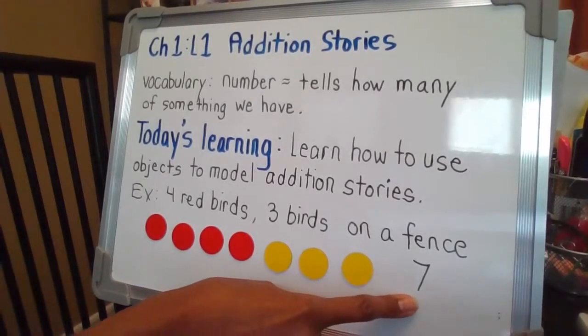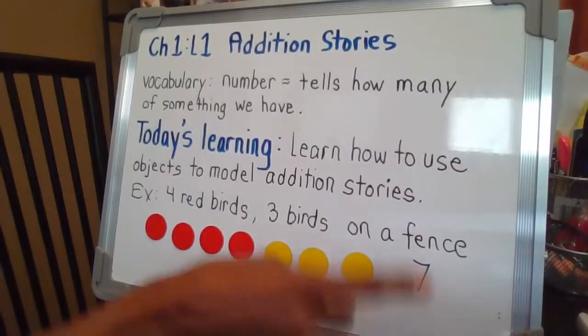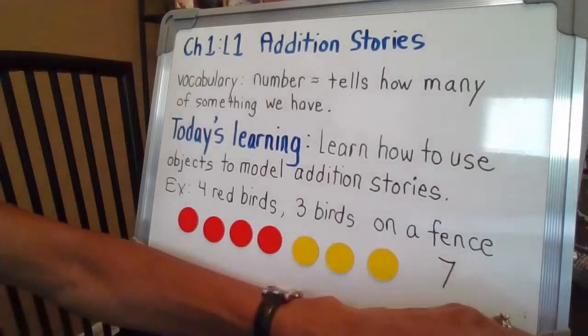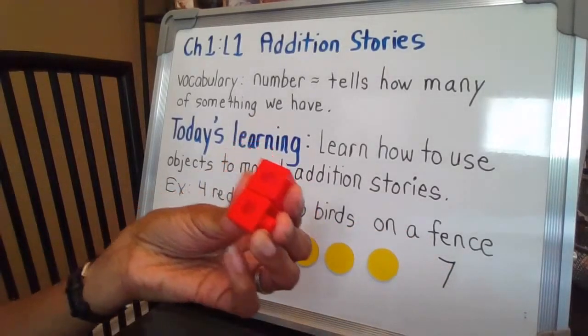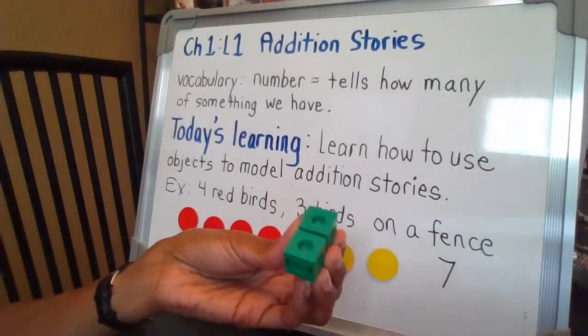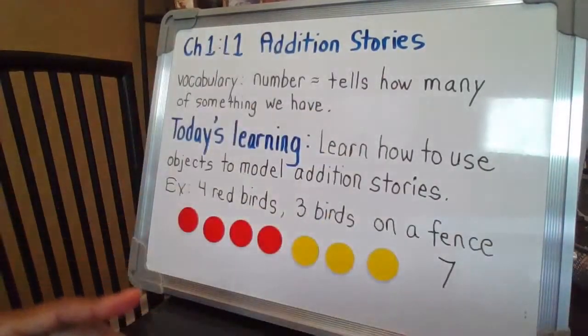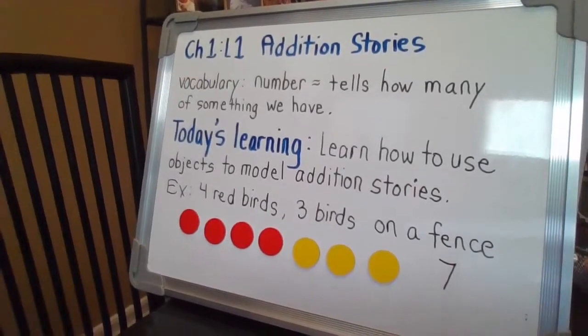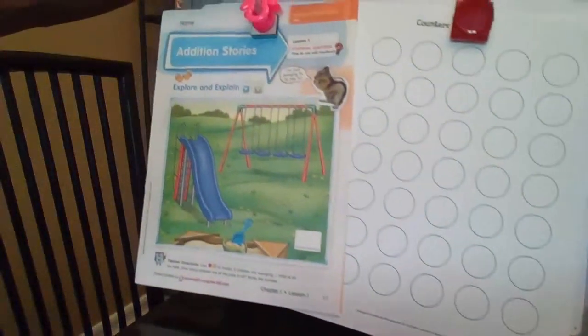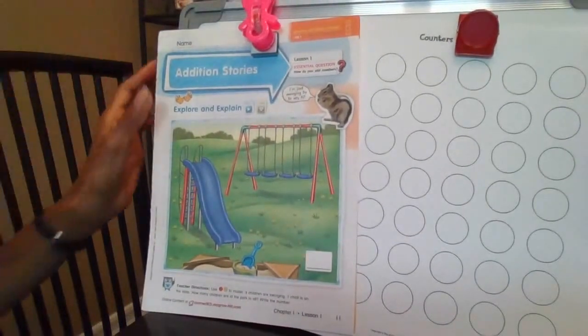There are 7 birds sitting on the fence. Okay, now let's say you don't have counters. You can also use connecting cubes, but you must use them in 2 different colors. Okay, so now I'm going to give you some more examples. I'm going to turn my board around so that you can see some more examples.